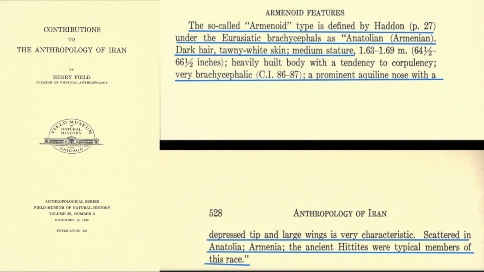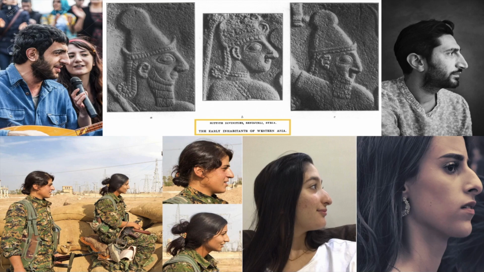The ancient Hittites were typical members of this race. This is from Contributions to the Anthropology of Iran. So here is how the descendants of Togarmah likely looked in the past with the Hittites and look currently with Kurds and Armenians and other Middle Eastern populations that have this phenotype.